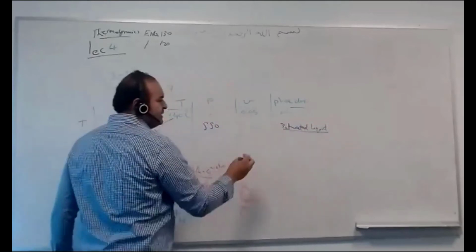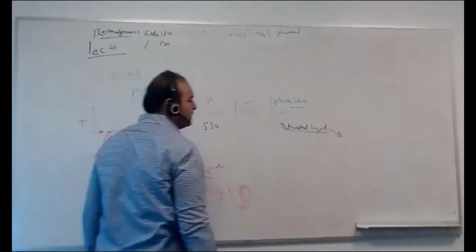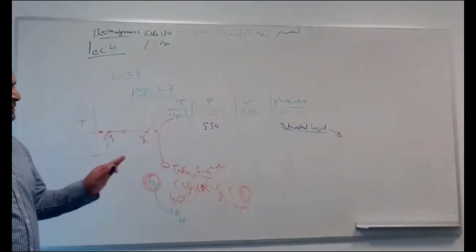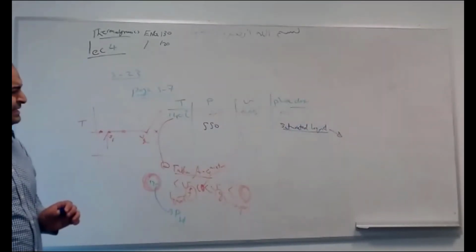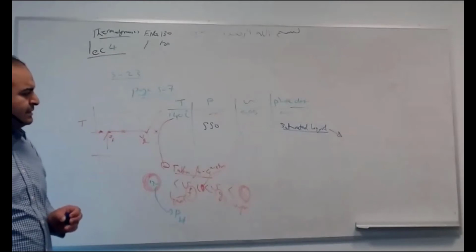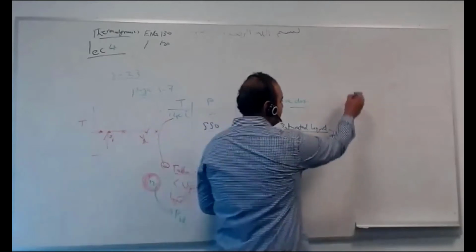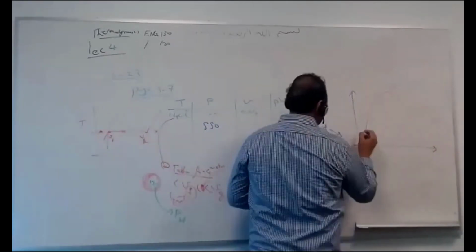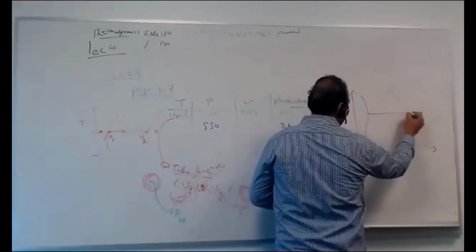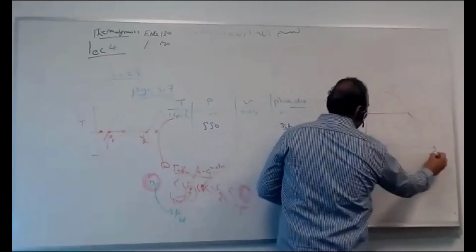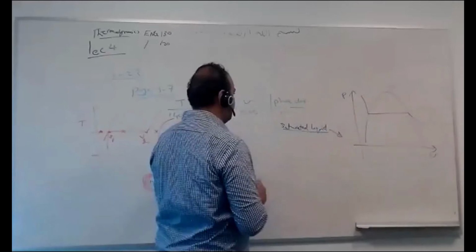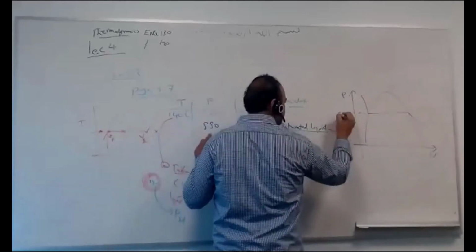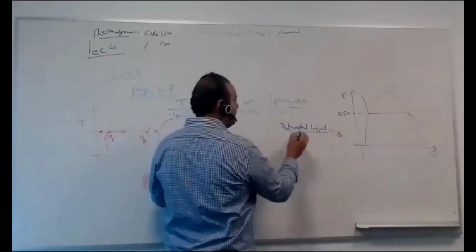Saturated liquid, guys, what does quality here is? Can somebody tell me what the quality is? So this is a constant temperature line, for example, in the PV diagram. I said this is a pressure line, constant pressure. For example, this is the pressure. I'm saying saturated liquid here.